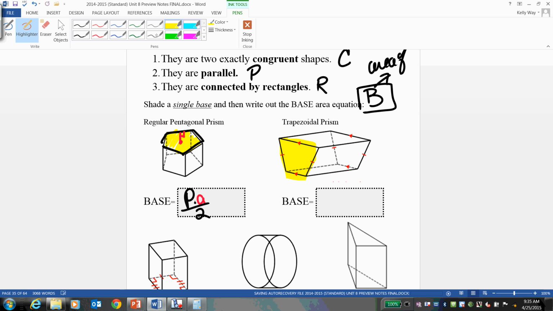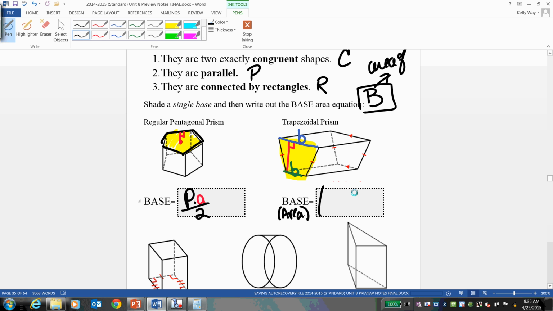For a trapezoid, that base area, now watch very carefully, is going to be base plus base times the height, right angle, over 2. Now notice I'm using lowercase b. Lowercase b means the length of a segment, whereas uppercase B always means area.